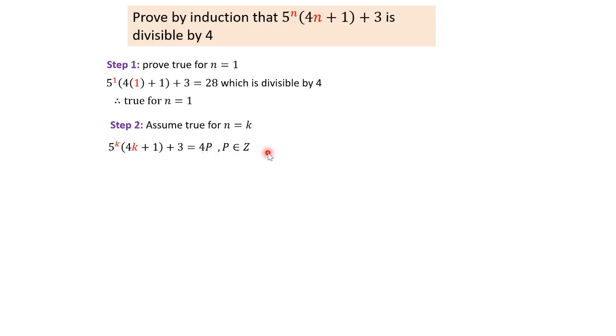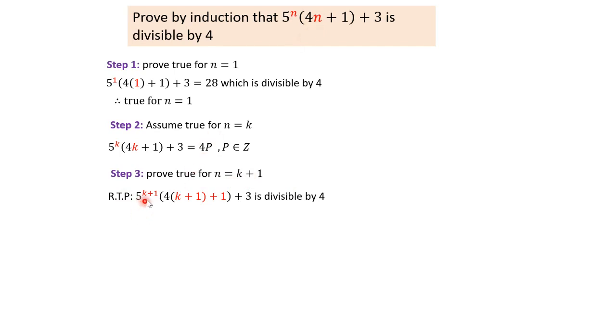All right, so what's my step 3? I now prove true for n equals k plus 1. So I want to know if I put k plus 1 into k's place, is it still going to continue to be divisible by 4? Remember the first thing I do in step 3 is I put where I want to go. So I want my required to prove to be that I now replace n with k plus 1.